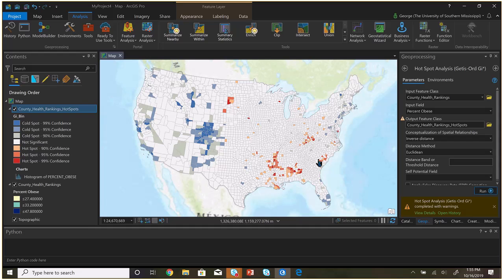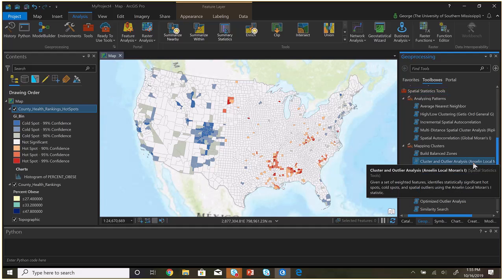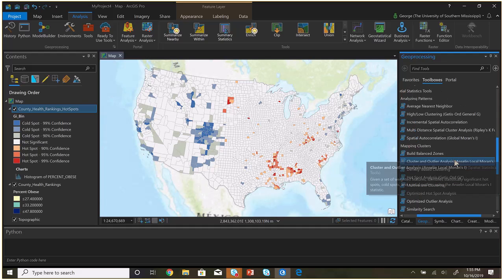But we have the same sort of thing where we have the highs that are clustering with other highs and the lows that are clustering with other lows. That 99% confidence is saying that it's for sure that those are cold spots. That 99% confidence means that this is very accurate. That reading on the side of the map where it says cold spot, 99% confidence.